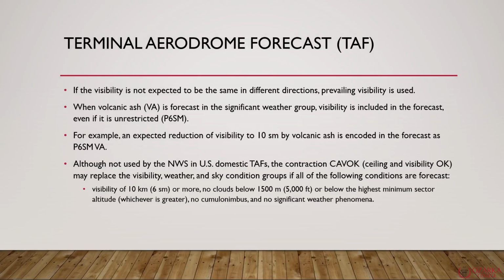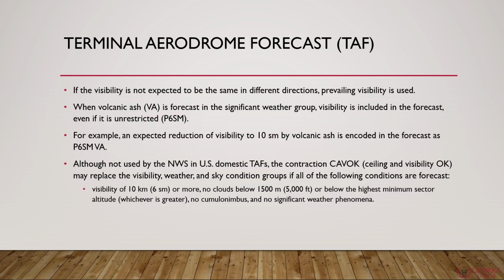If the visibility is not expected to be the same in different locations, prevailing visibility is used. When volcanic ash, or VA, is forecast in the significant weather group, visibility is included in the forecast even if it's unrestricted at P6SM. For example, an expected reduction of visibility to 10 statute miles by volcanic ash is encoded in the forecast as P6SM VA.